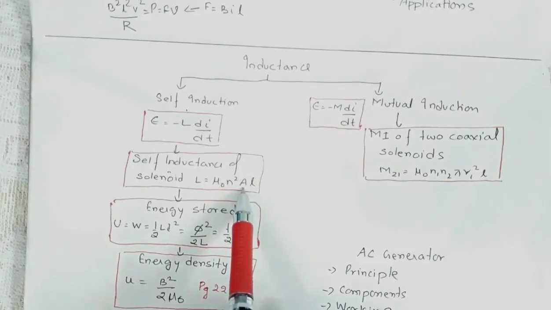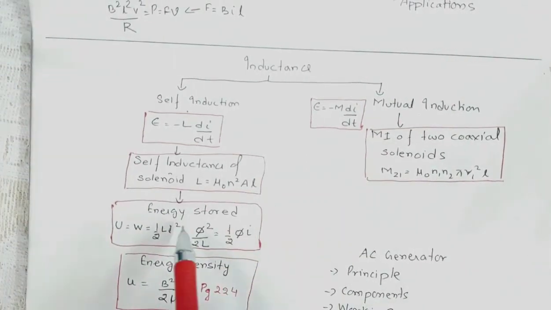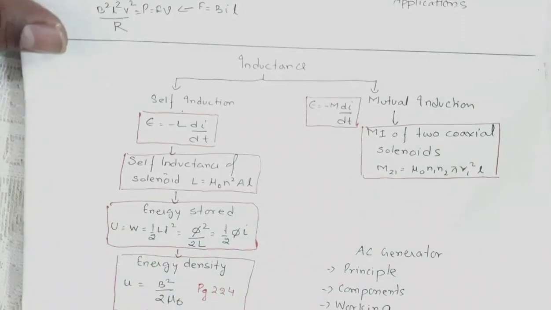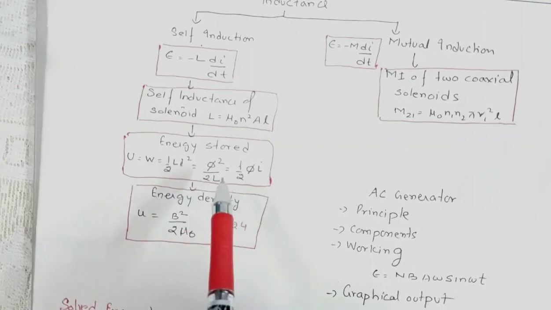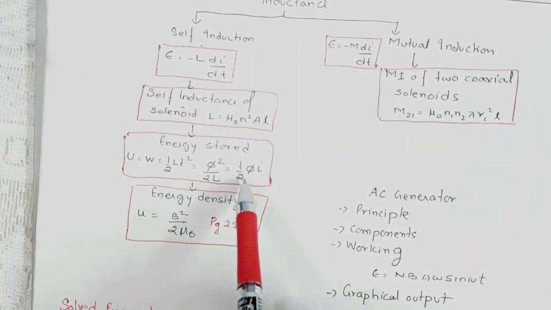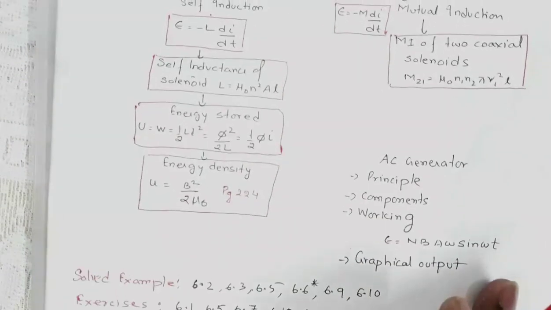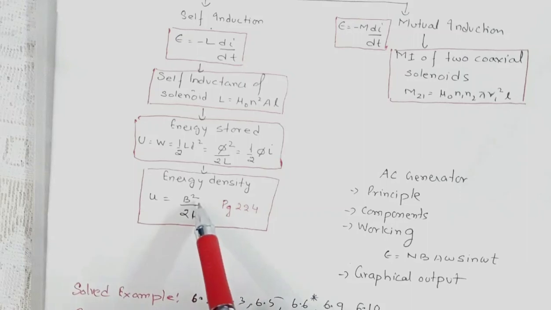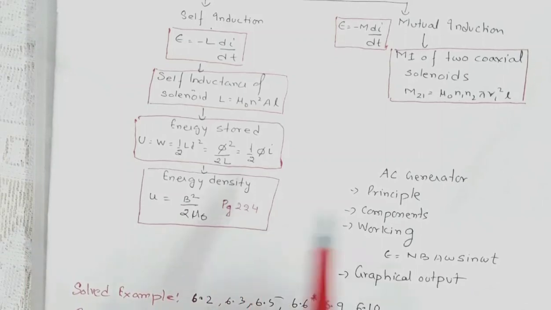A is the cross-sectional area, L is the length, N is the number of turns per unit length. Energy stored in a solenoid is given by the expression half Li square. It can also be written as phi square by twice L, or as half phi I. Energy density in a magnetic field, U is equal to B square by twice mu naught. Go through page number 224, where this derivation is given.